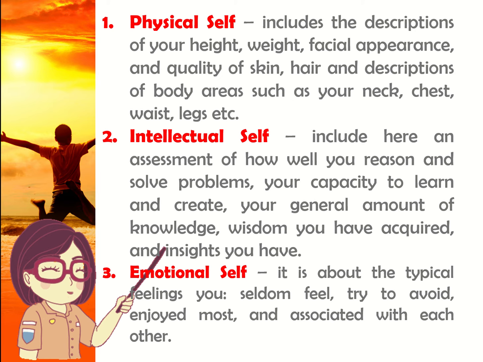Okay? And the third segment, what you need to provide is your emotional self. When you say emotional self, emotions. So, emotions, it's all about feelings. Your feelings. So, it's about the typical feelings that you seldom feel. The feelings that you try to avoid. Some feelings that, if possible, you would rather avoid because if you feel them, you might not be able to control them. Some people avoid getting angry because once they get angry they cannot control it. So that is just an example.